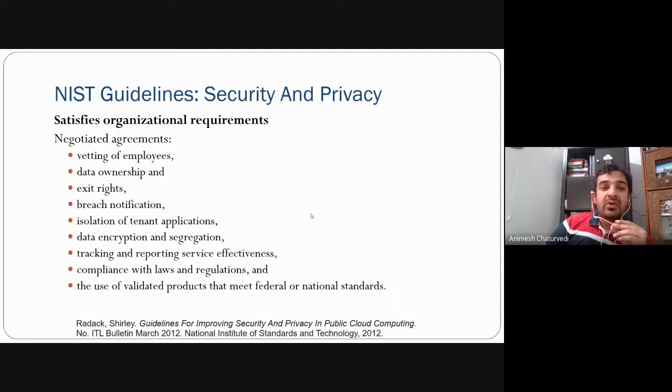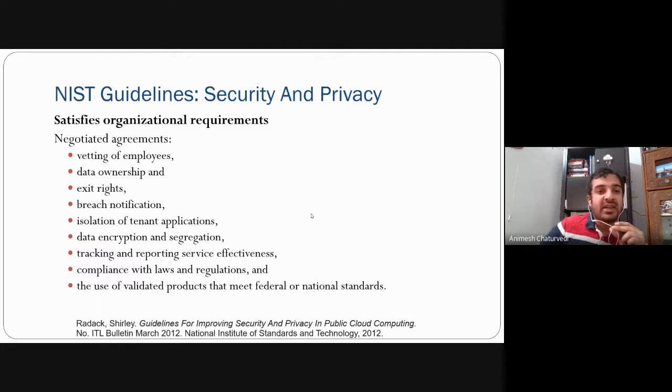The organization has to negotiate the following terms. What are these terms? Like vetting of employees, meaning hiring, enrolling, recruitment type of things. How the communication will happen with the employees should be negotiated properly according to the organizational requirement.